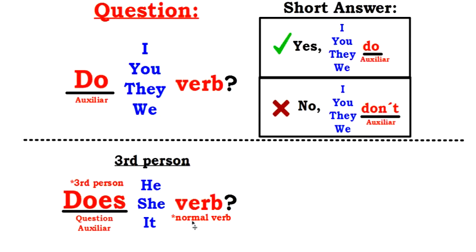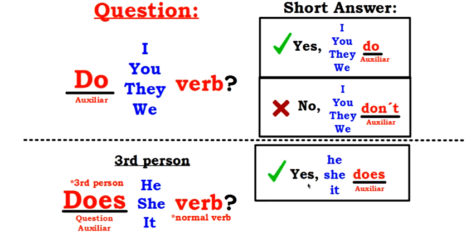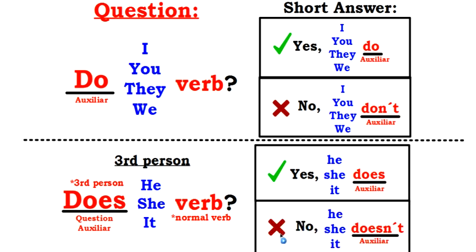And remember, we use the normal verb, no S. The third person conjugation is on the question auxiliary, for example, does. Now, when we say yes to the question, we say yes, the subject, and does. Again, the auxiliary. And no, we say no, the subject, and doesn't, the negative auxiliary.